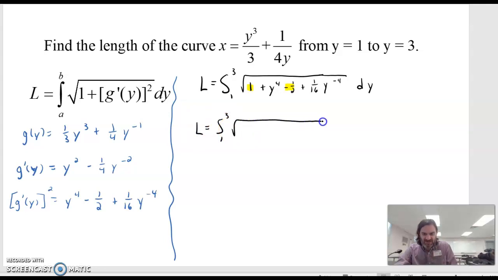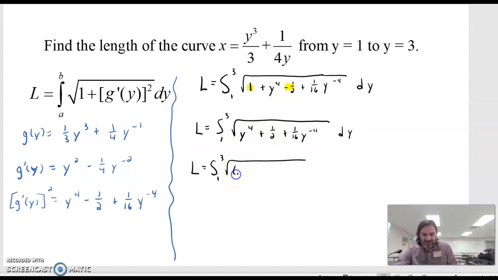So if I just rearrange it, we're still from 1 to 3, but we'll have the square root of y to the 4th plus 1/2 plus 1/16 y to the negative 4 dy. Now I'm going to write this out just like before. That is a perfect square under there. A little hard to see, but just get used to seeing this in this situation.